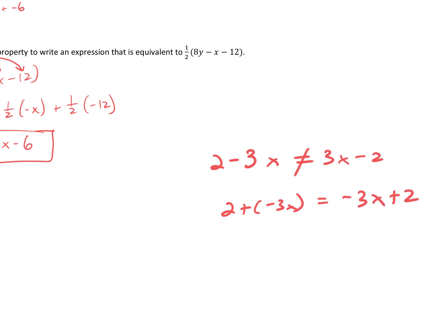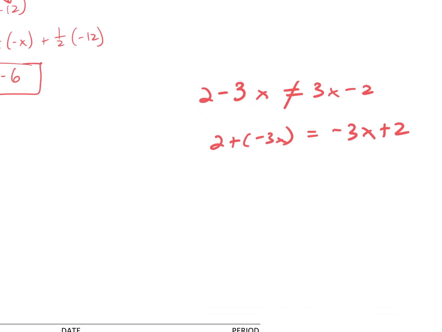Those two are equivalent to each other. And then also when we talk about the distributive property, you can use the area model to help you distribute. And just note that if you have subtraction problems, you do need to change those to addition first so that you can recognize that there are going to be negatives.